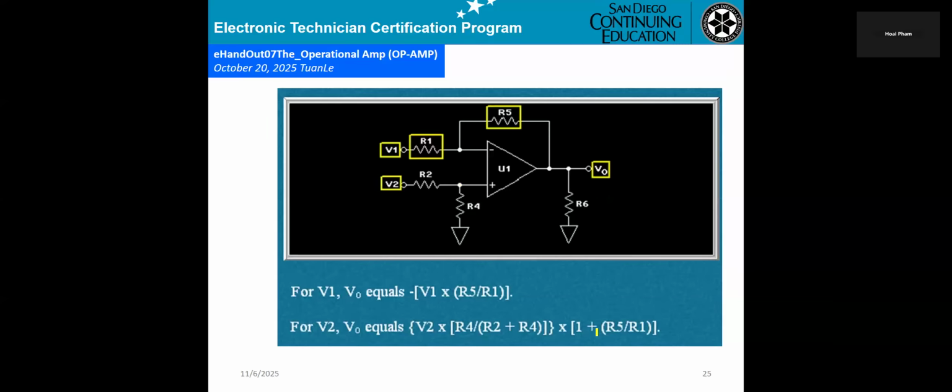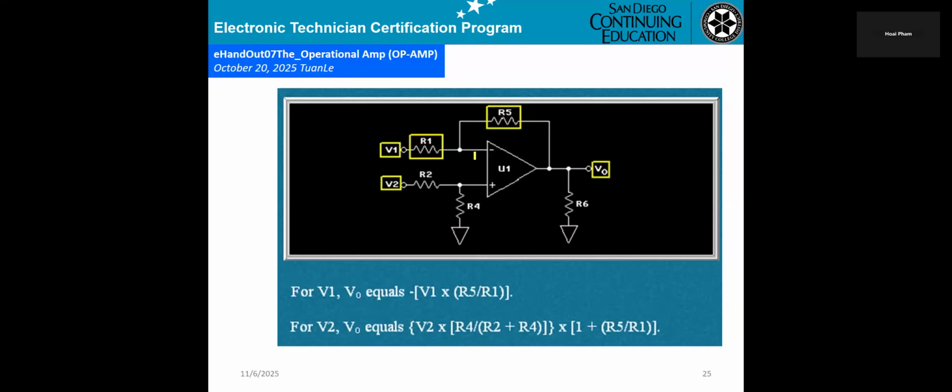So again, when you get both inputs applied to the op-amp, there will be a differential amplifier. For the differential amplifier, if you're working with the V1 input, then you must ground V2.